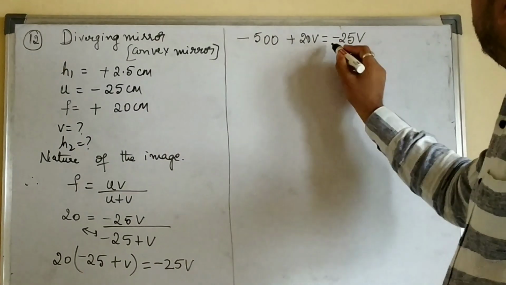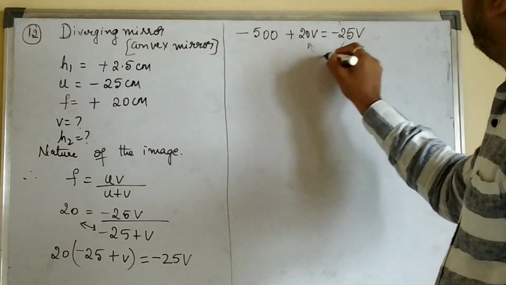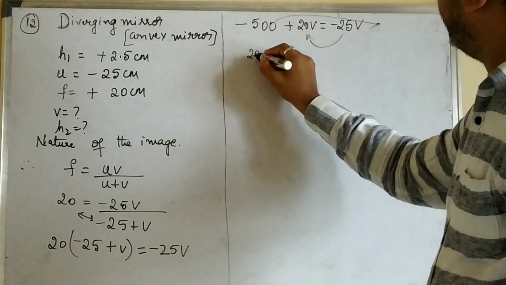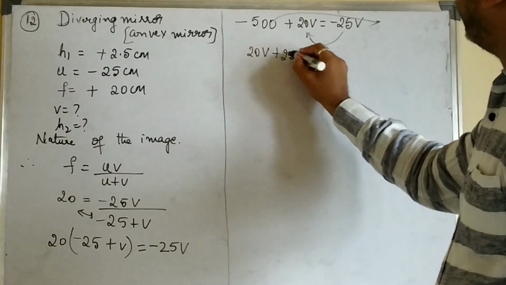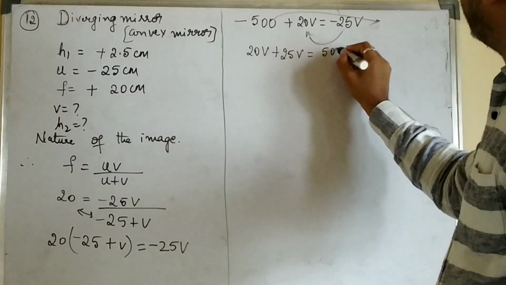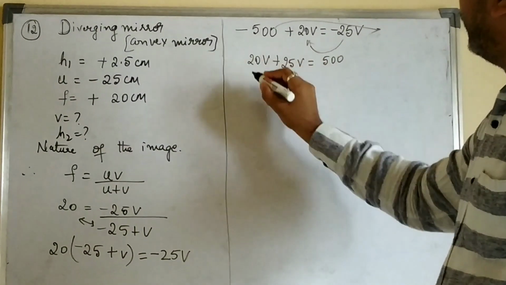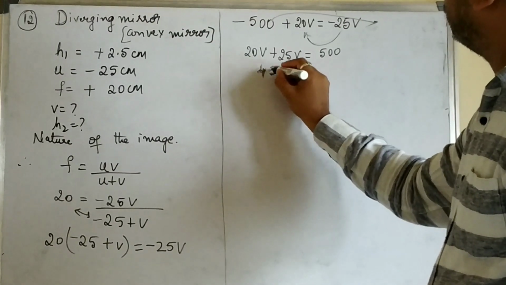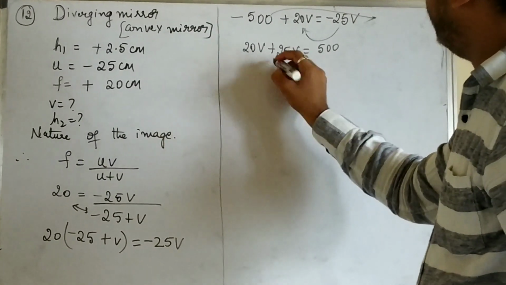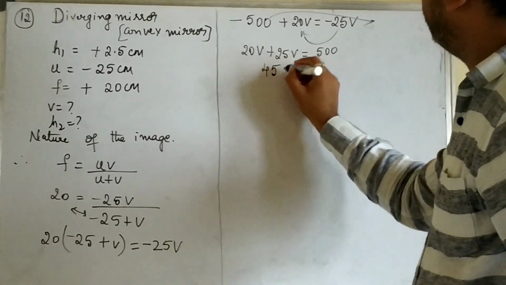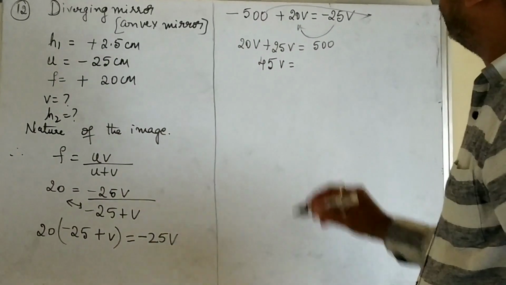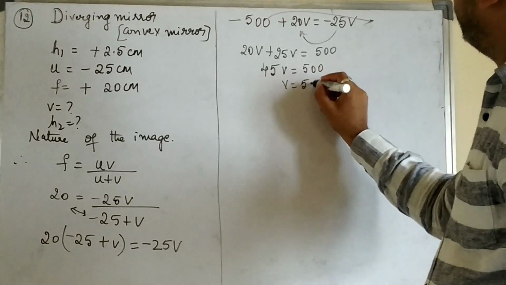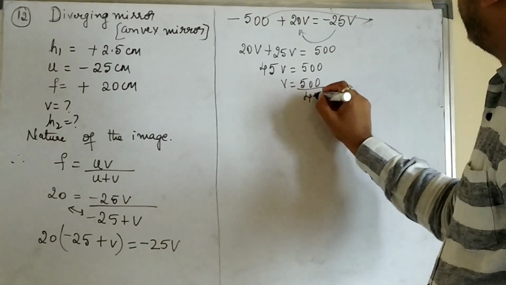Then bring this 25v to the left side and 500 to that side. So we'll get what? 20v plus 25v is equal to 500, or 25 plus 20 is what? 45. You get 45v is equal to 500, or v is equal to 500 by 45.